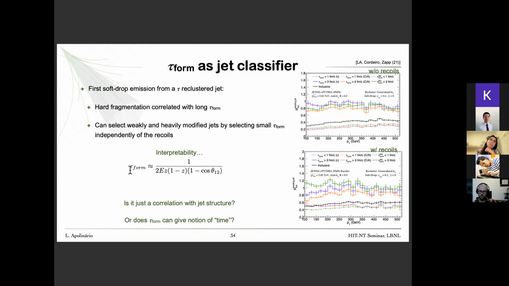So the definition is always the same, is this one. It's just the boost applied to the mass with the limit of massless particles, because otherwise it will be a mess to calculate this in the parton shower. In the clustering, you could hypothetically take into account the mass as well.